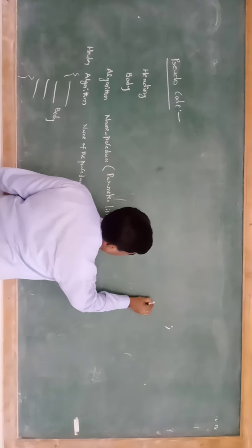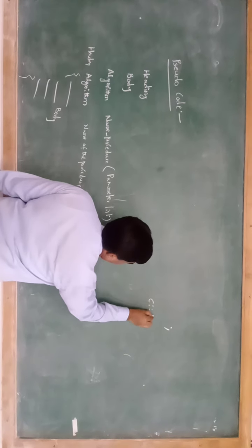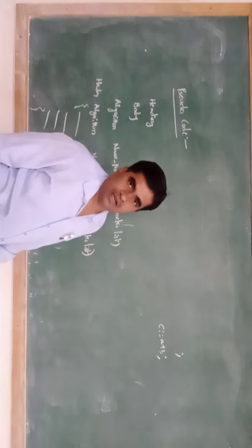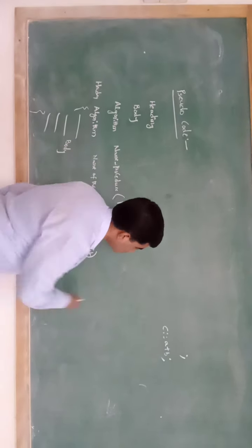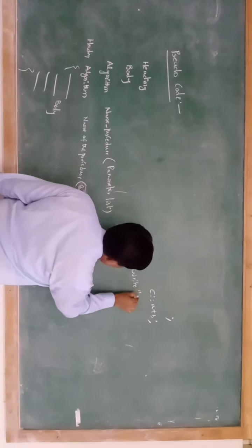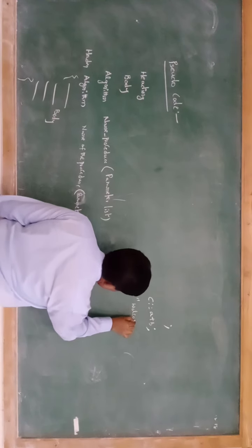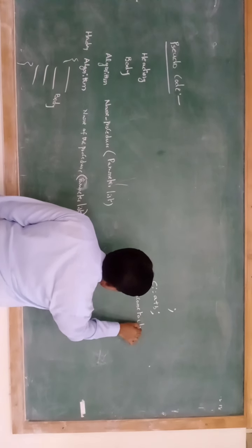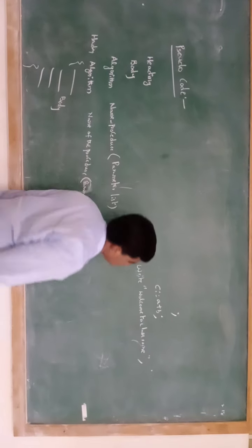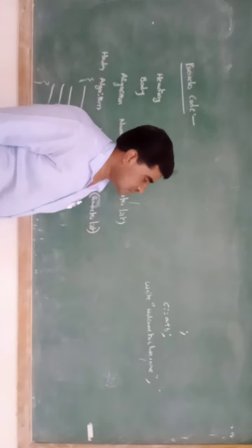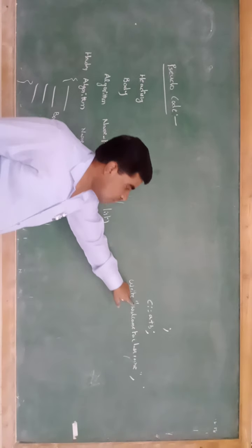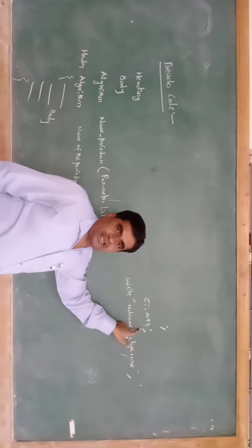For example, C = A + B; here it is ending with a semicolon. Suppose we write: welcome to classroom; it is ending with a semicolon. So each statement is separated with a semicolon or delimiter.